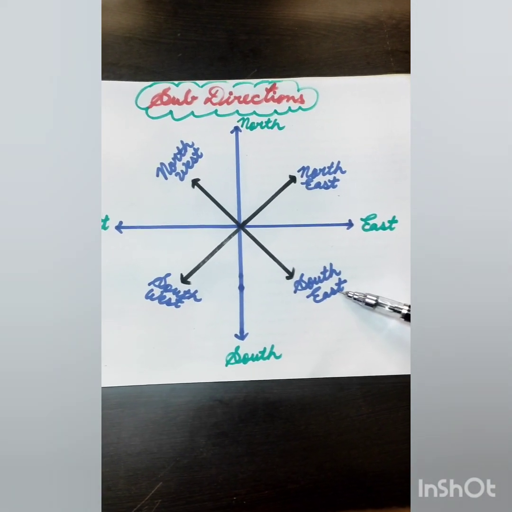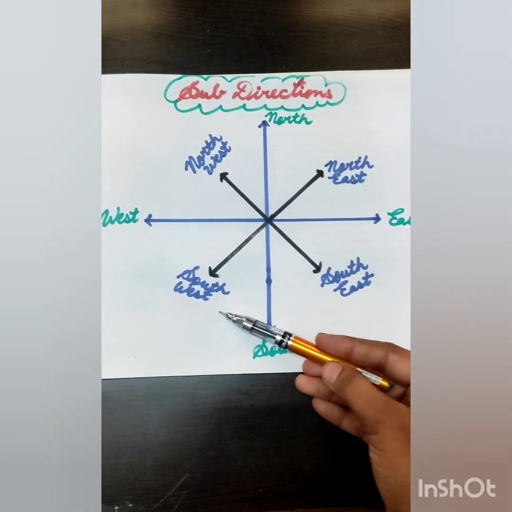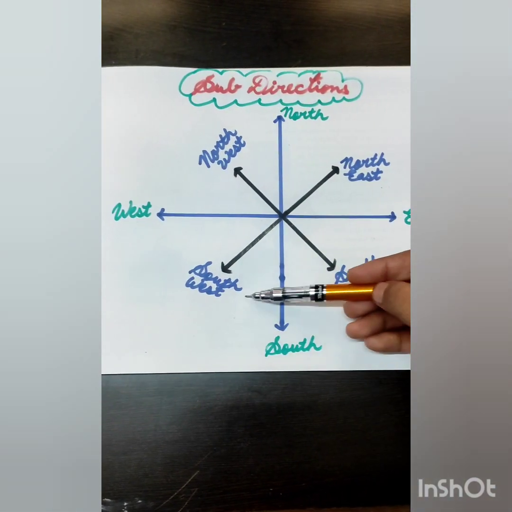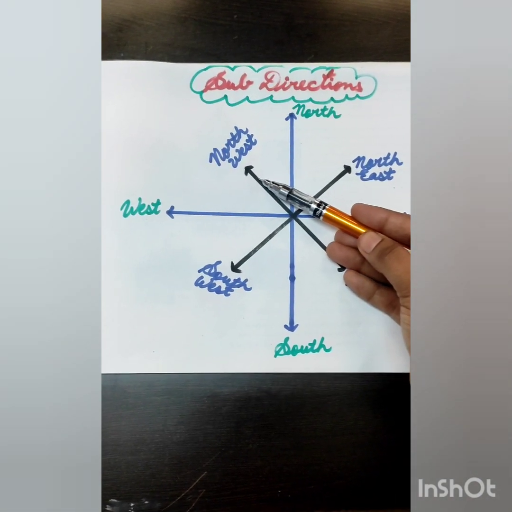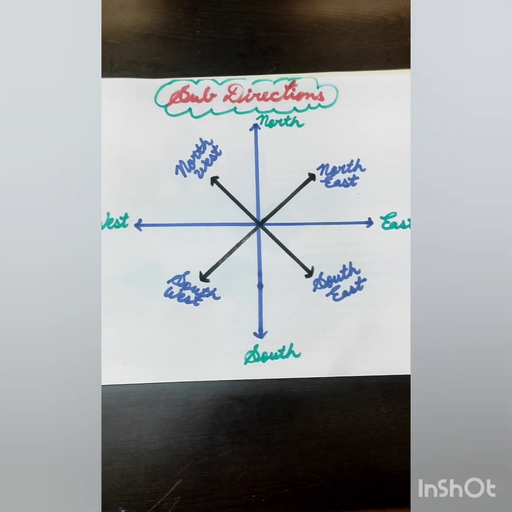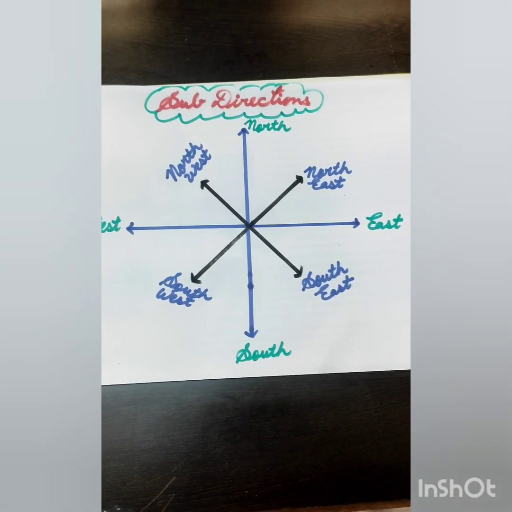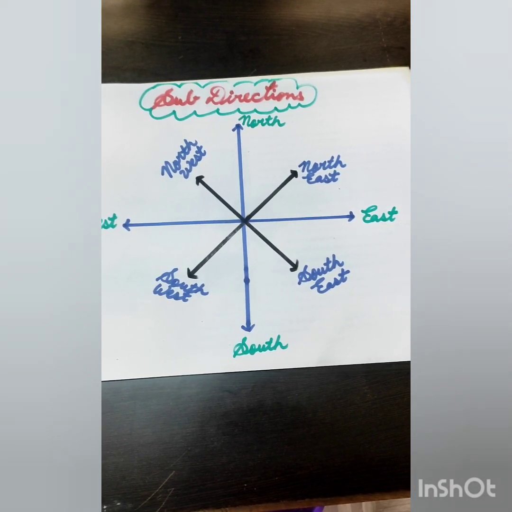And this is the part between south and east, so it is southeast. This is the part between west and south, so this is southwest. And this part is between north and west, so this is northwest. So dear students, remember the sub directions: northeast, southeast, southwest and northwest.